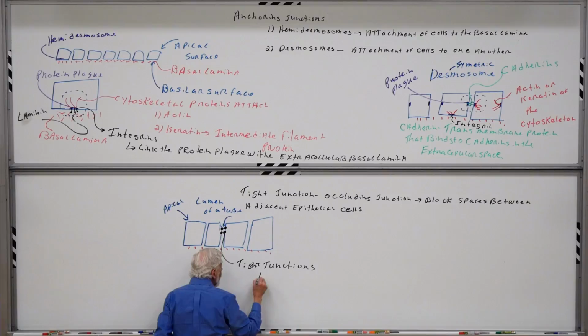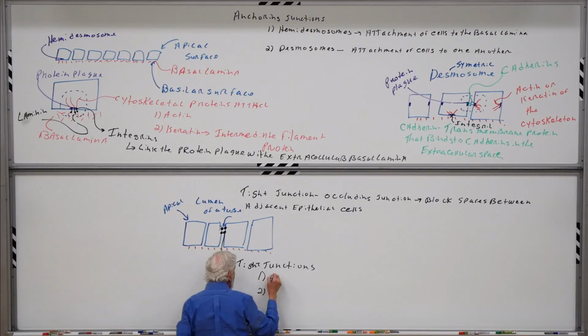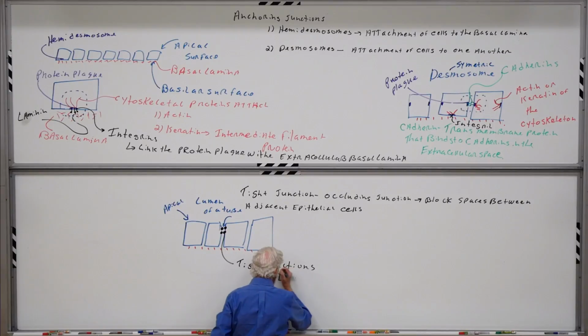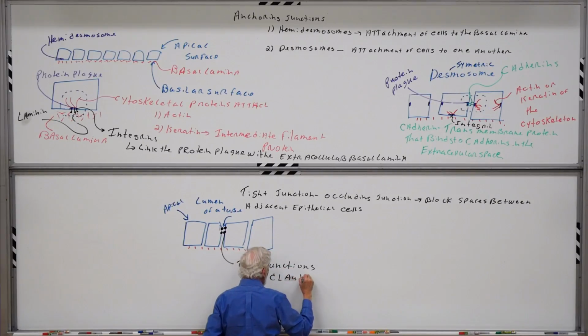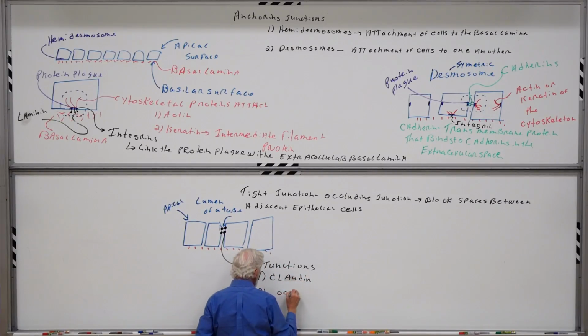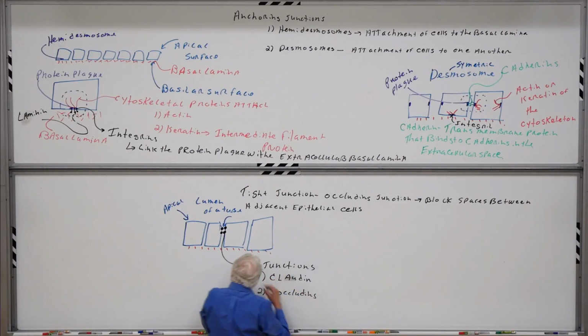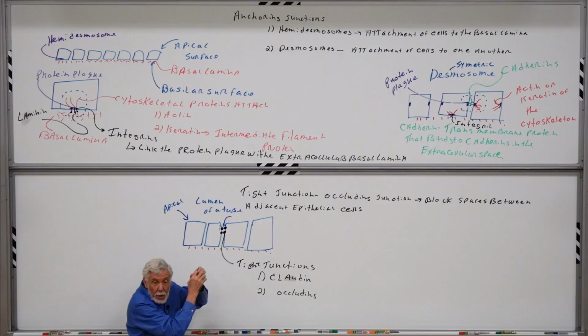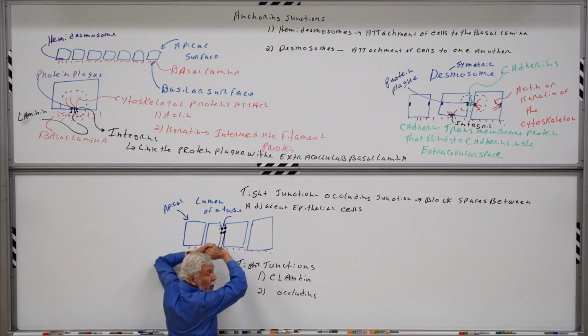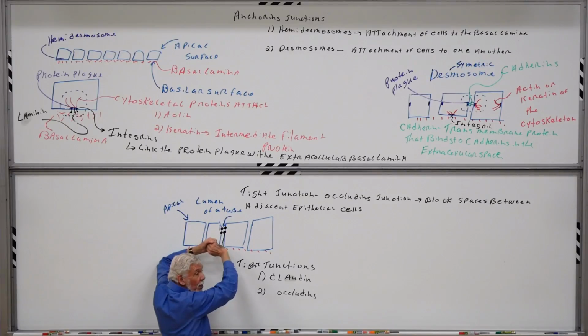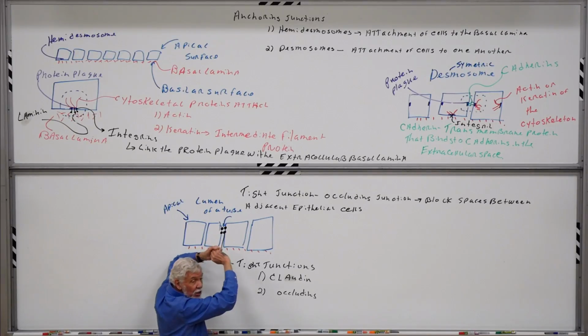Tight junctions are composed mostly of the proteins claudins, C-L-A-U, claudins, and occludins. Now these are simple transmembrane proteins that are interacting one with the other in the extracellular space. So you can imagine them zippering the cells together, but they're not a very stout junction.